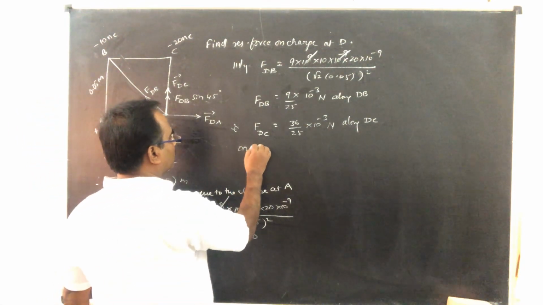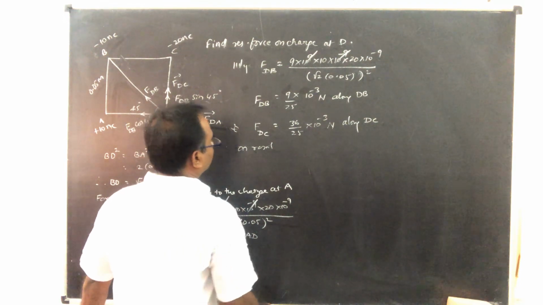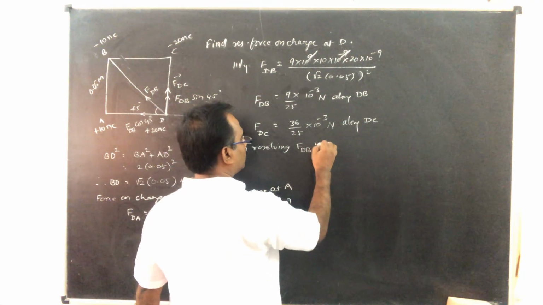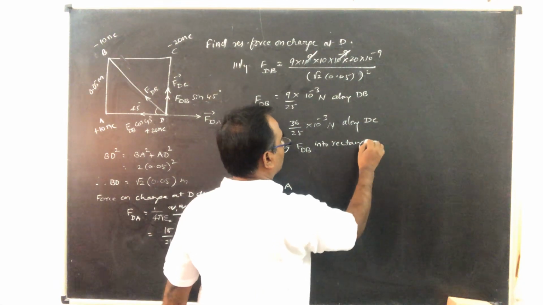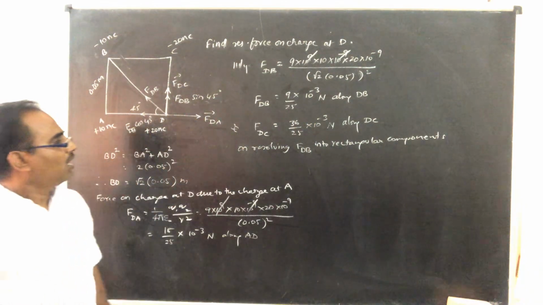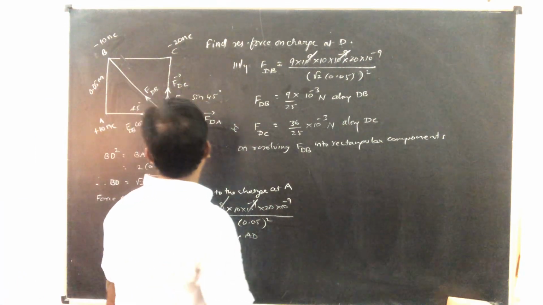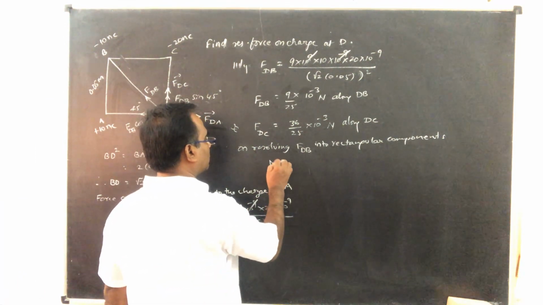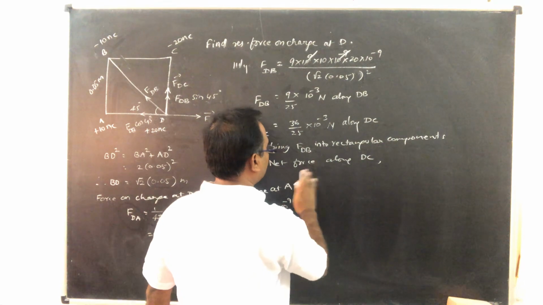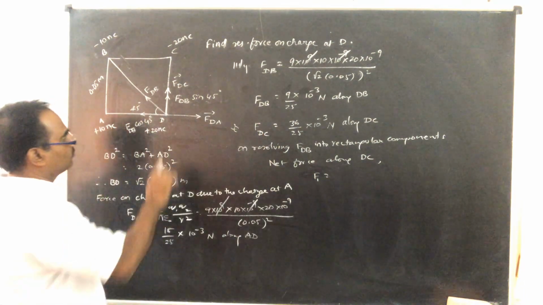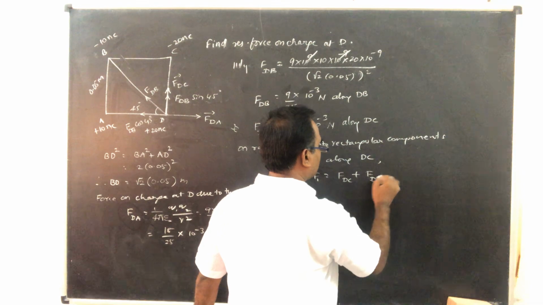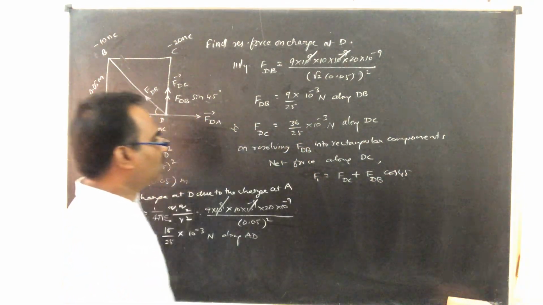So on resolving FDB into rectangular components, the net force along DC, F1, in this direction, is FDC plus FDB cos 45.